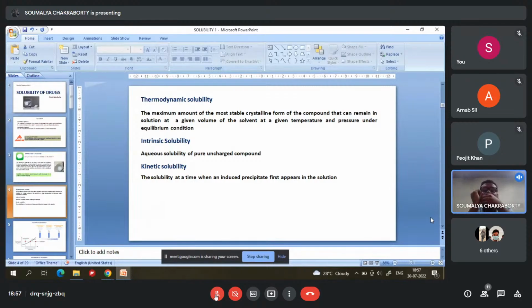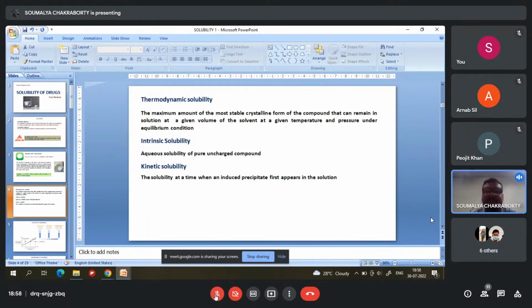So when we talk about thermodynamic solubility, we talk about the most stable crystalline form, having the lowest Gibbs free energy and the highest entropy, of the compound that can remain in solution at a given volume of solvent, at a given temperature and pressure, under equilibrium condition. These are the variables of thermodynamic solubility.